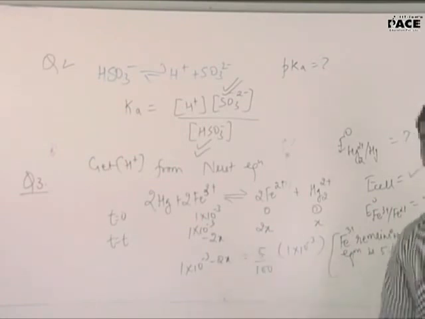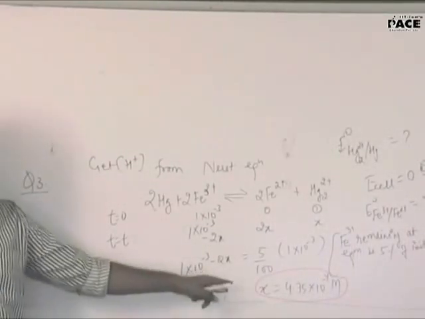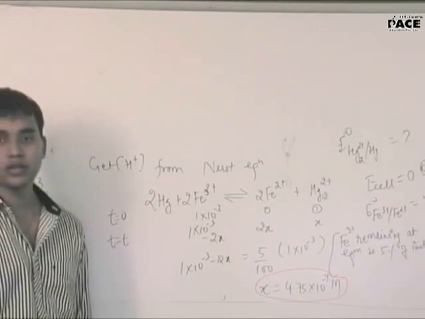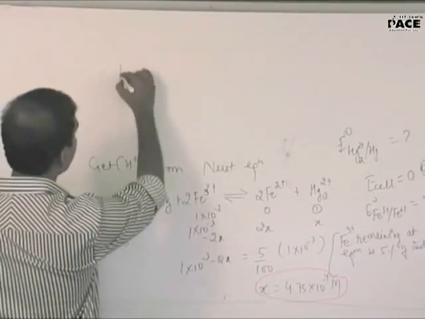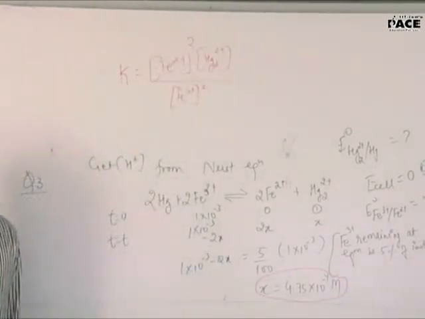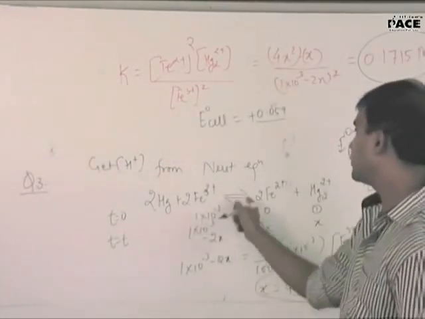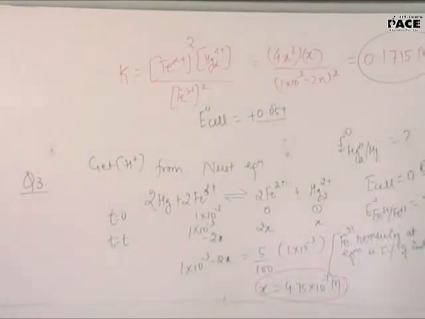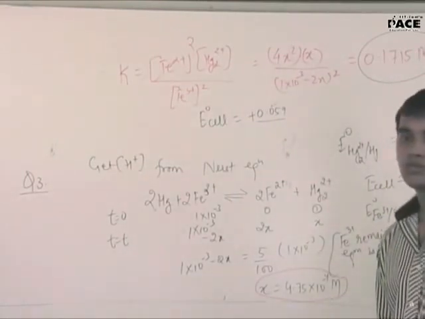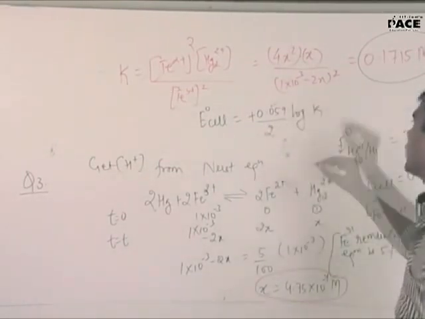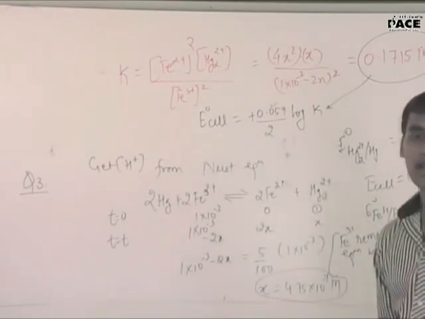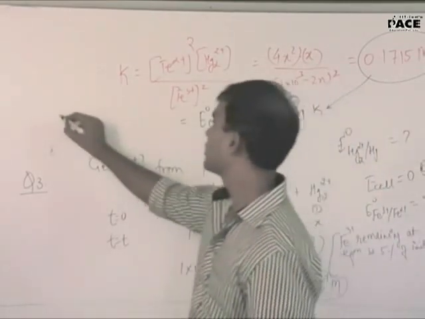Just solve for x. Minus 4. This is the value of x you are getting. So now you can calculate what will be k. What will be the value of n? n will be 1 or 2? 2. You have calculated k. You will get E naught cell. And what is E naught cell?